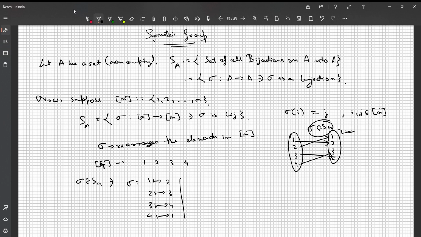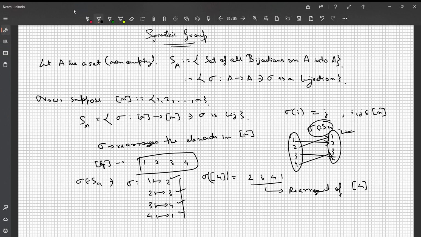Then if you consider the image of block 4 under sigma, that is nothing but 2 3 4 and 1. We are writing it in the order in which we are getting the elements, but this is nothing but a rearrangement of block 4.